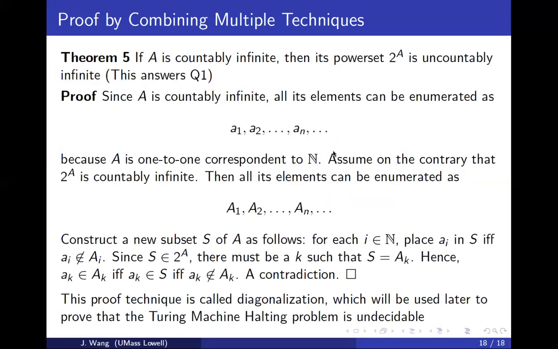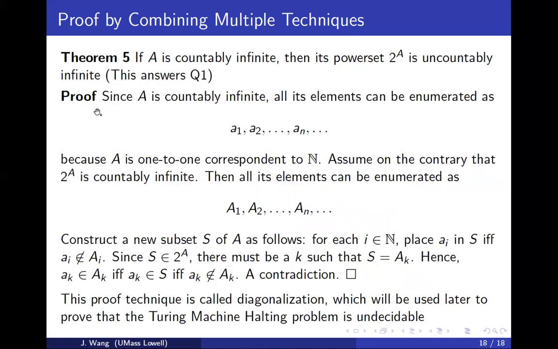All right. So now finally, we are going to look at a proof technique combining some of these techniques and answer our question Q1. What we want to show now is that if A is countably infinite, then its power set 2 to the A is uncountably infinite.